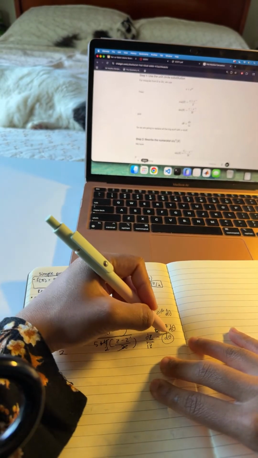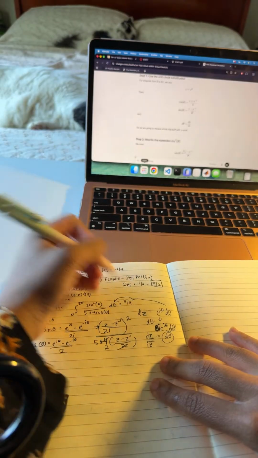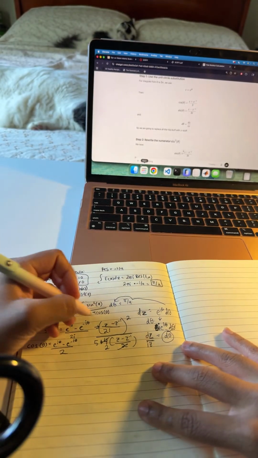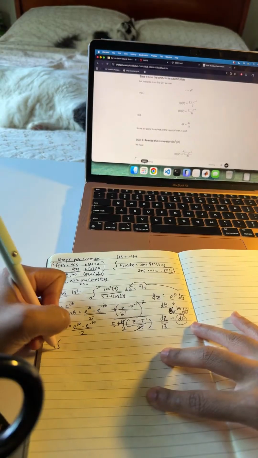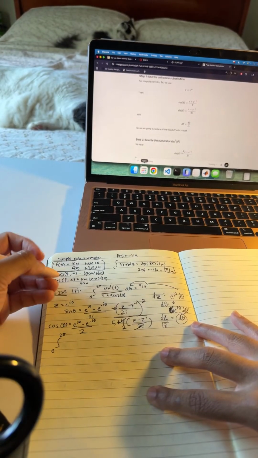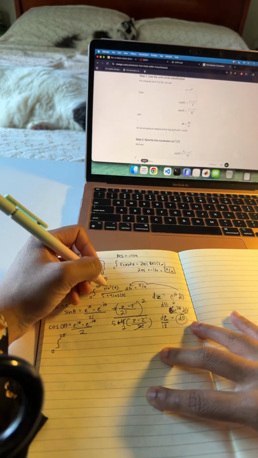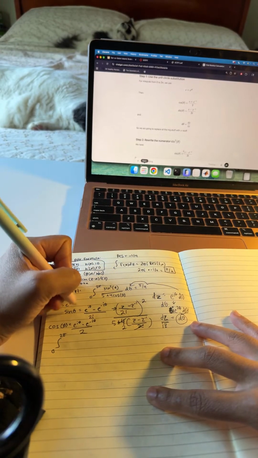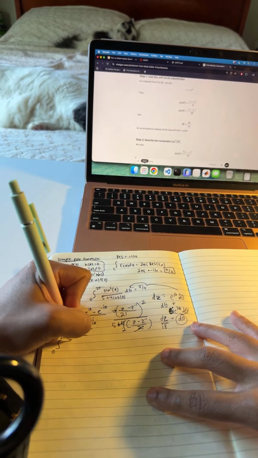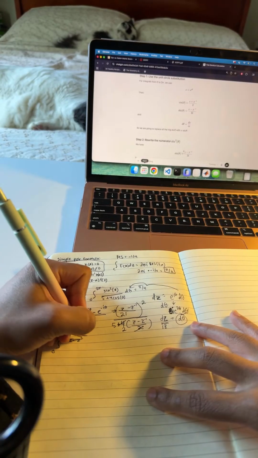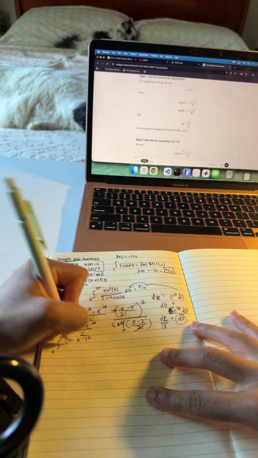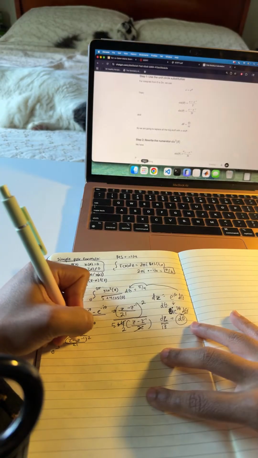You plug that back into the integral right here, and you're left with this simplified version of the integral being 0 to 2 pi. And remember that the numerator was sine squared theta, and then we simplified that down to this, and we have z minus z to the negative 1 squared over 2i.